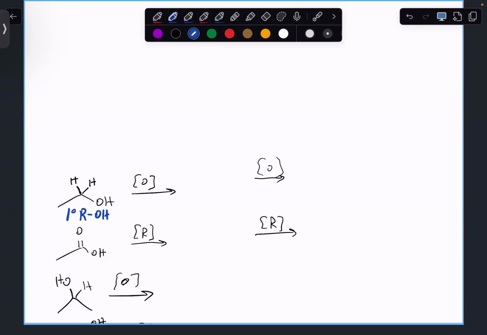So if I have that primary alcohol shown and I oxidize it, an oxidized form of that would be this, to turn it into the aldehyde. Can you recognize the aldehyde as being more highly oxidized than the primary alcohol?